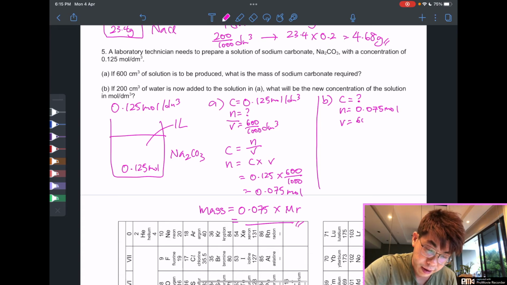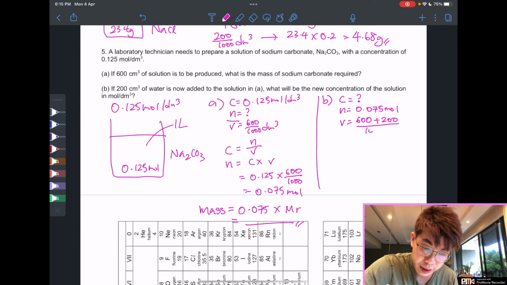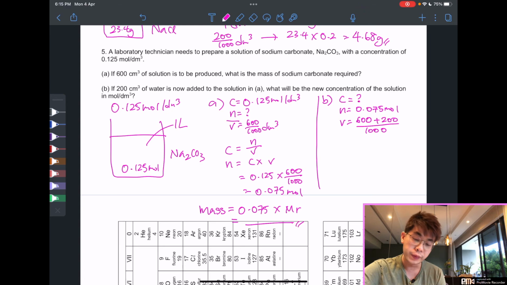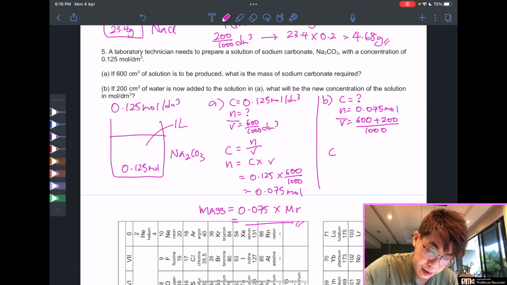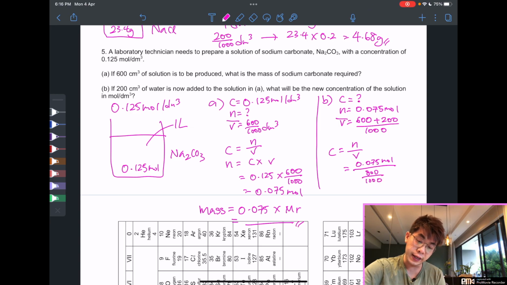I originally had 600. Now I add 200. And I need to convert all of this into dm cube. So using the formula, C equals to n over V is equals to 0.075 mole divided by 800 over 1000. And then you should get your final answer.